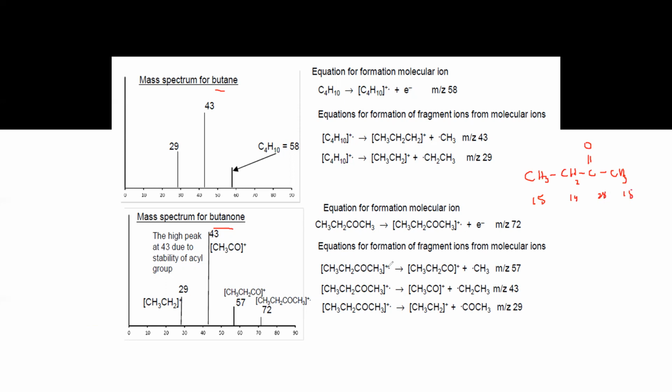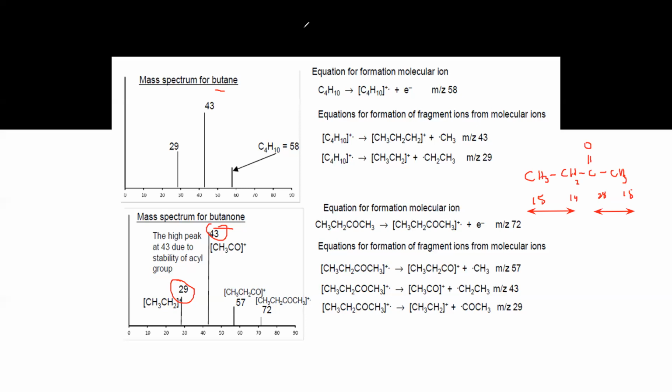So what fragments can it break into? We are getting a peak at 29. Why 29? Basically 29 is due to 15 plus 14. We are getting a peak at 43, and this is the highest one. Why is it 43? Because 28 plus 15 is 43. That's the highest, it shows most of them dissociate into this.